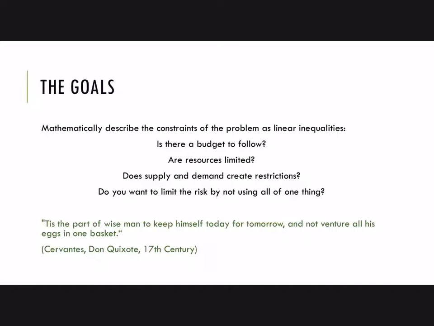We also want to mathematically describe the constraints of the problem as linear inequalities. Here are some examples of constraints. Is there a budget to follow? Are the resources limited? Does supply and demand create restrictions? People are only purchasing so much of a product, say per week. And do you want to limit the risk by not using all of one thing?